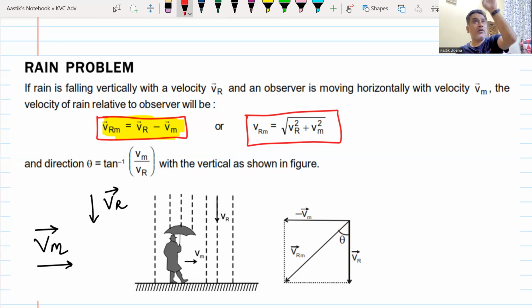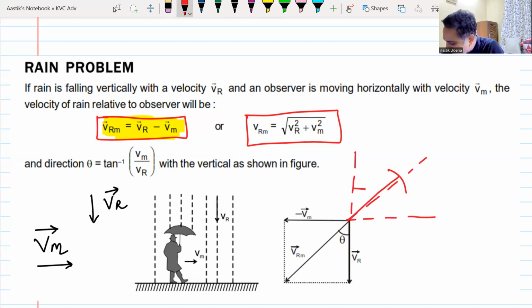Then they can ask you at what angle he should hold his umbrella. So he should hold his umbrella like this. Do you understand this? You should hold this umbrella in this fashion. And they normally ask you at what angle you should hold this umbrella. Remember that angle is always from the y-axis. So if they ask you what is the angle, you just find out the value of tan theta. This tan theta is with the vertical.